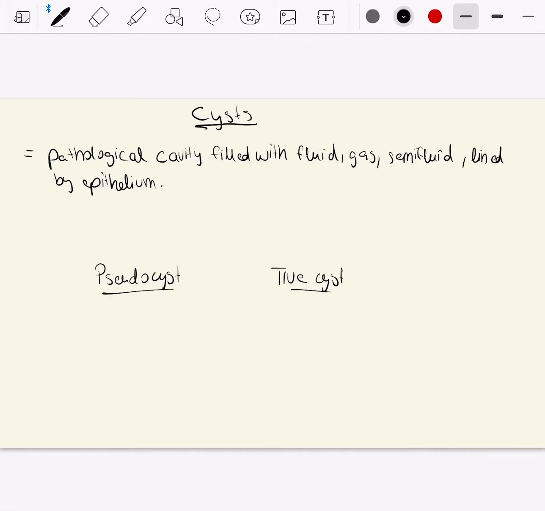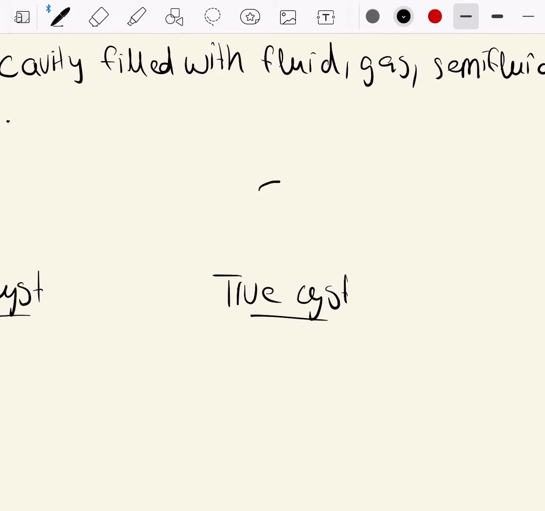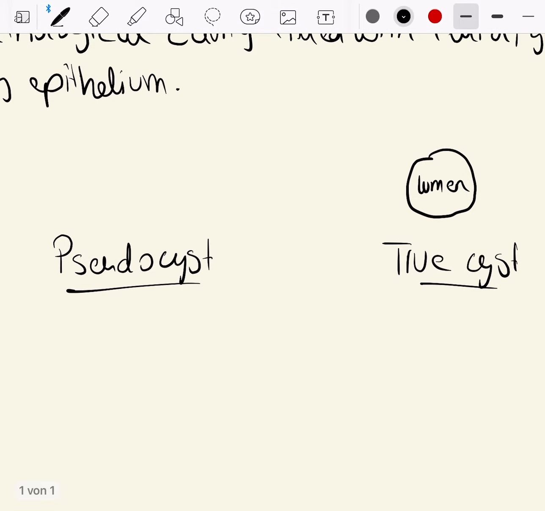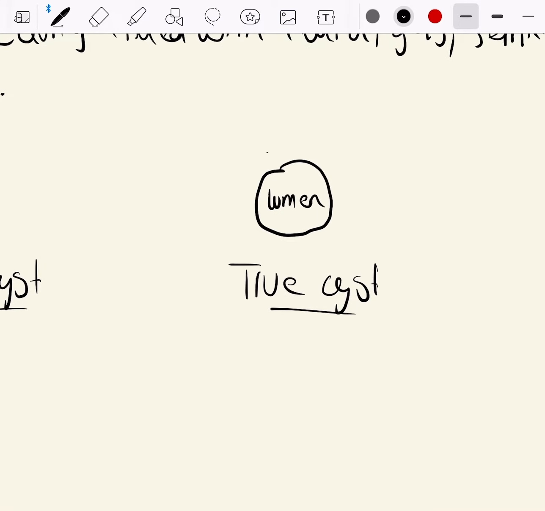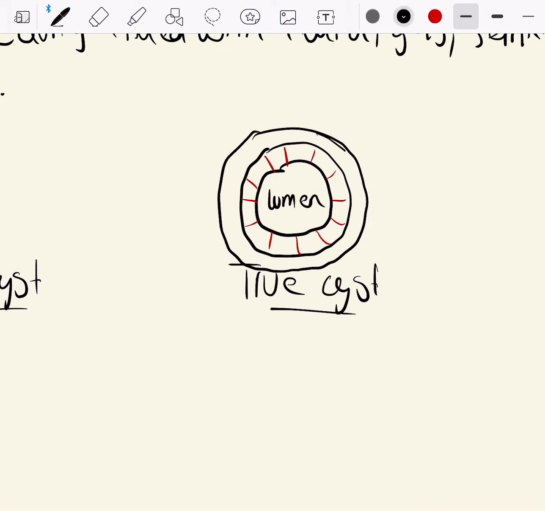Both of them have a lumen, which is surrounded by epithelium, and this epithelium is lined by connective tissue. This is the CT for connective tissue, and this is epithelium.